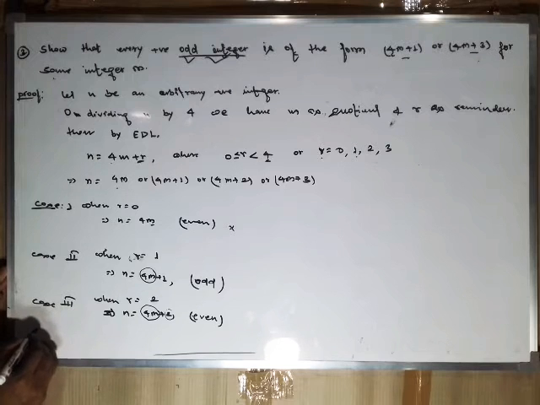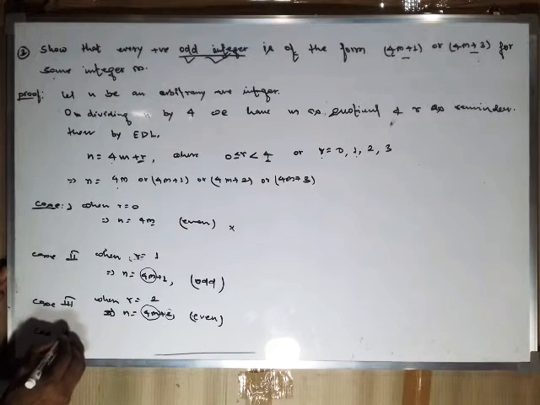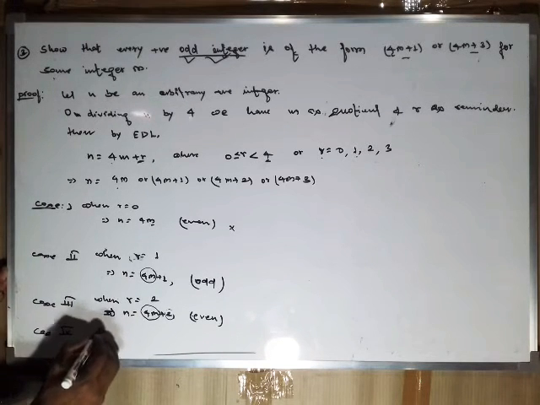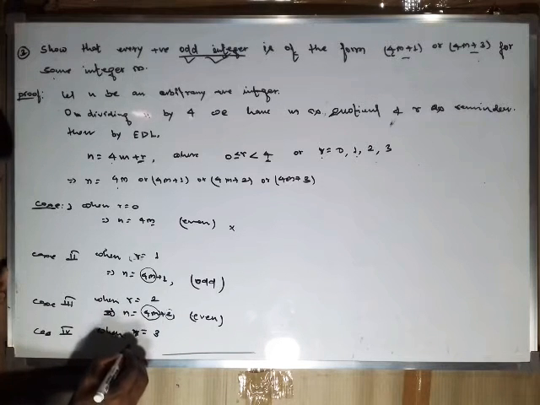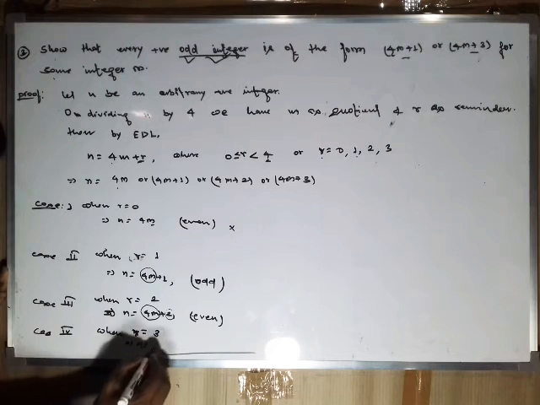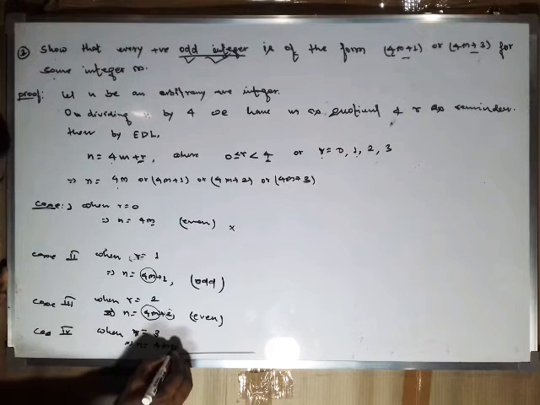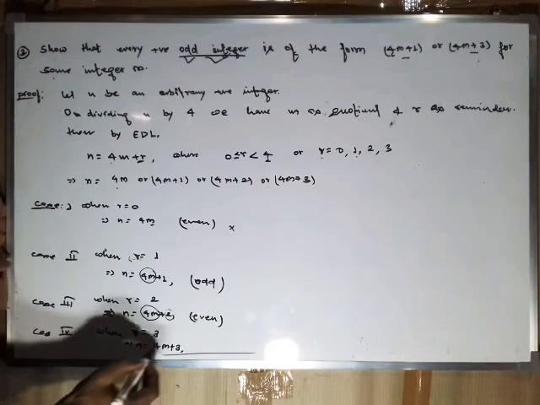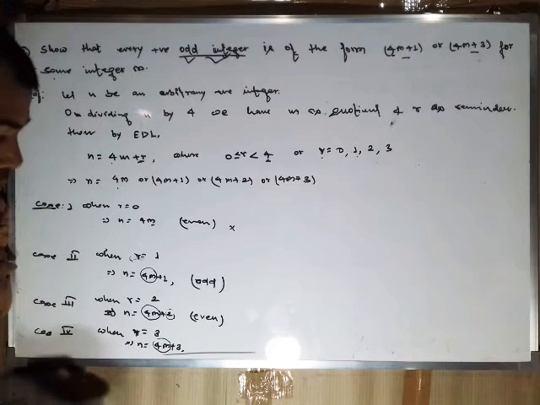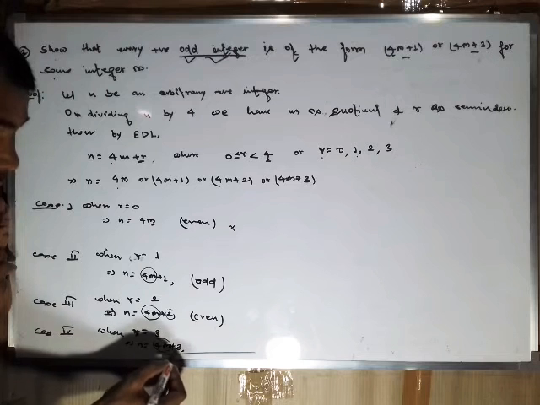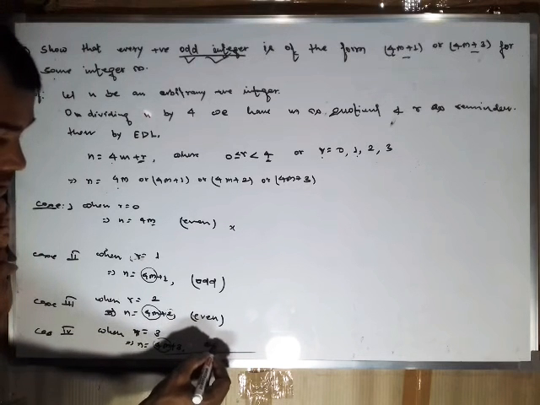And now in the last case, case 4, when r is equal to 3, this implies that n is equal to 4m plus 3. Clear? Here 4m is completely even, and even plus odd is equal to odd.